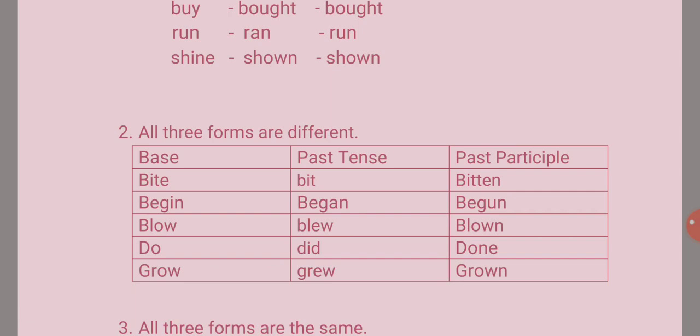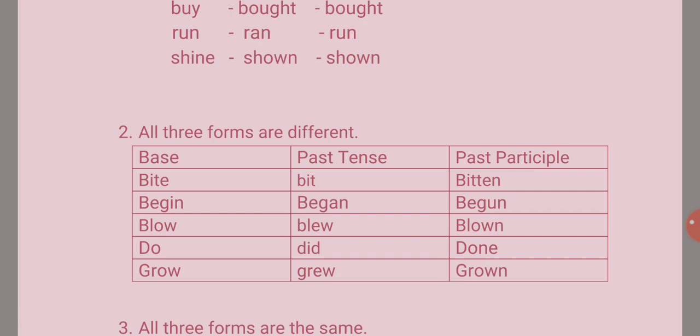So there are three different forms of the verb in the base form, the past tense and the past participle. That is, begin changes itself to began in the past tense and begun in the past participle.